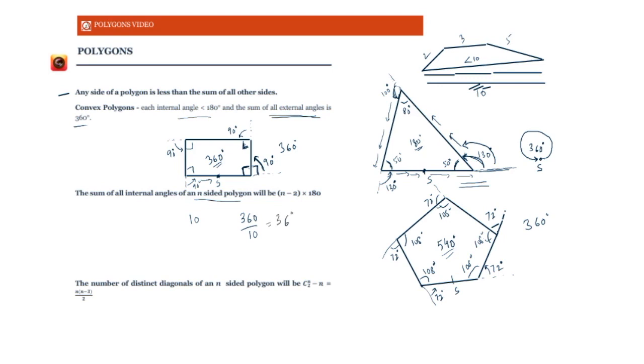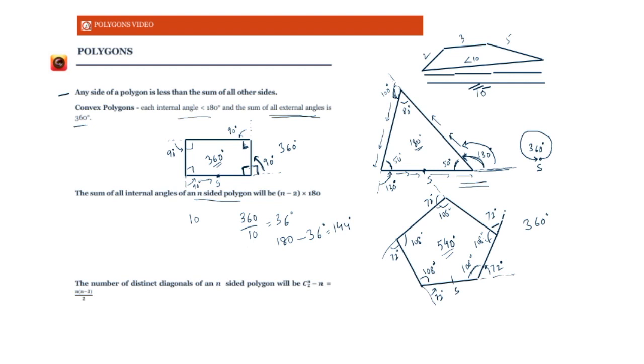And every internal angle is going to be 180 minus 36 degrees, because the internal angle and the external angle form a straight line. Together they have to add up to 180 degrees. So that is why each internal angle must be 144 degrees, right?